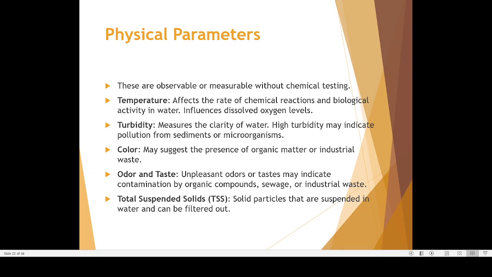High turbidity may indicate pollution from sediments and other microorganisms. The problem is that when a lot of soil particles are in the water, sunlight may not be able to penetrate deeper into the depth of the water, or the depth of the pond, or the depth of the river. That means only on the top surface can the planktonic or photosynthetic organisms survive.